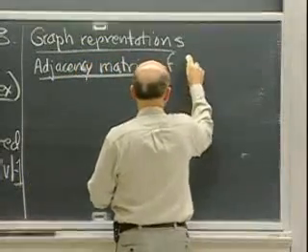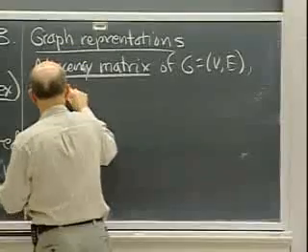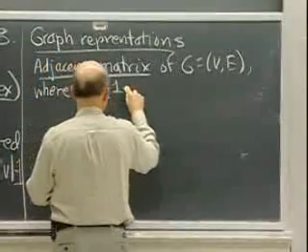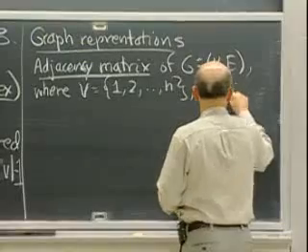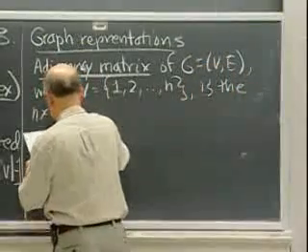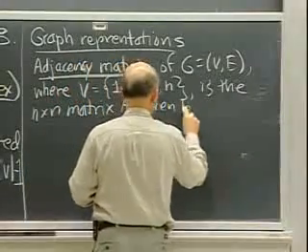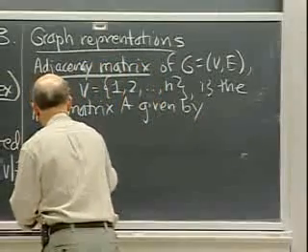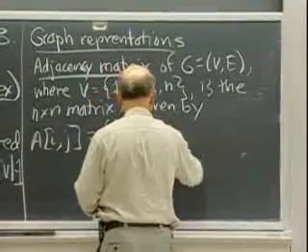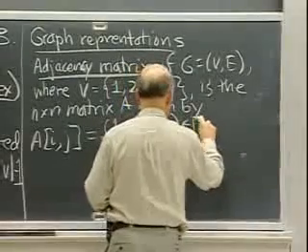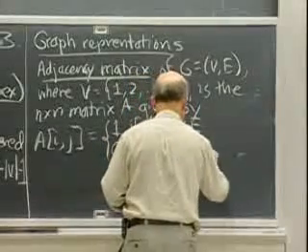The adjacency matrix of a graph G equals (V, E), where, for simplicity, I'll let V be the set of integers from 1 up to n, is the n by n matrix A given by: the ij-th entry is simply 1 if the edge ij is in the edge set, and 0 if ij is not in the edge set.